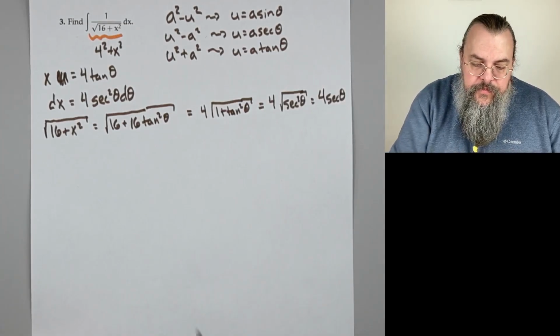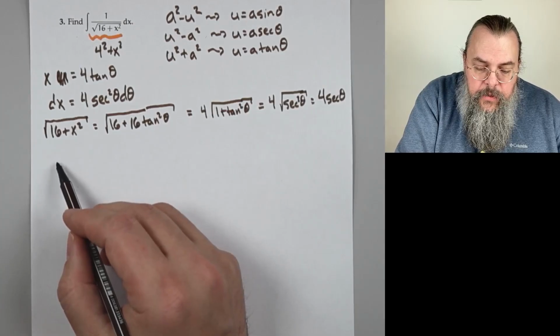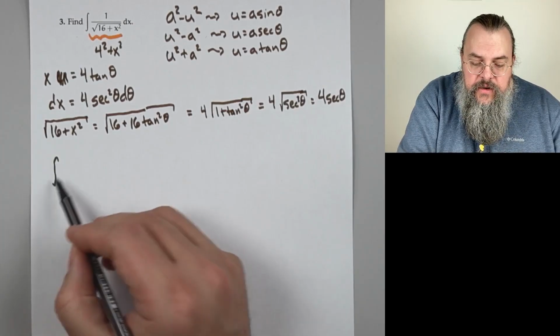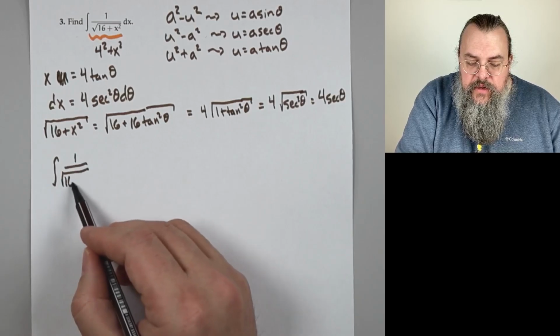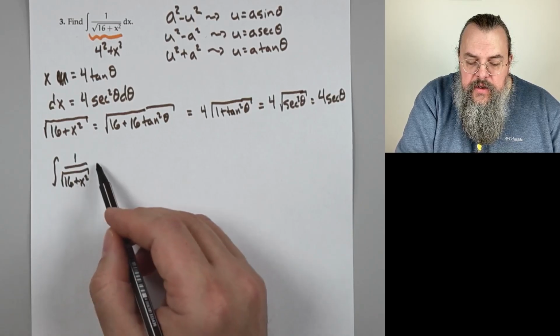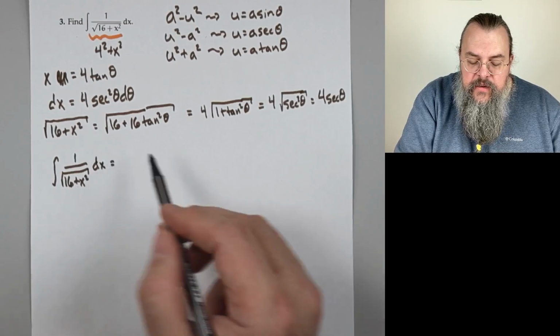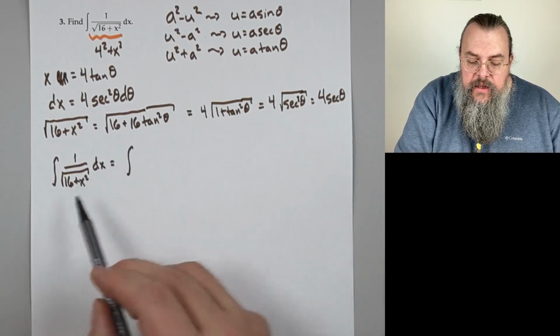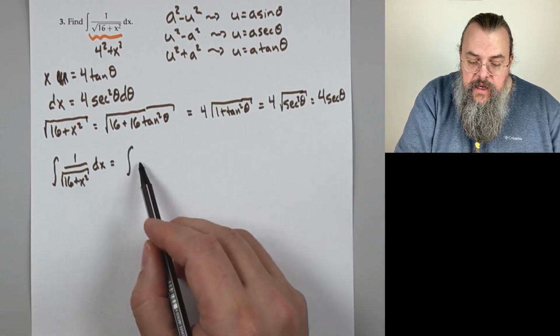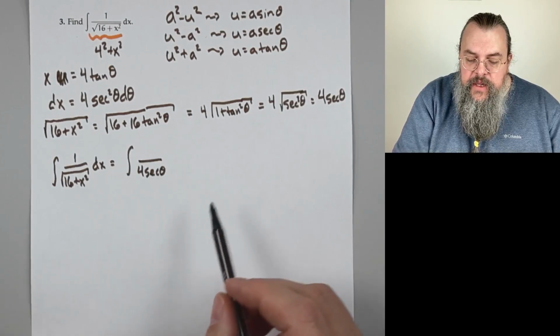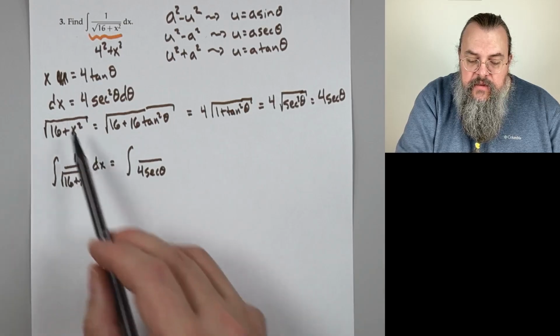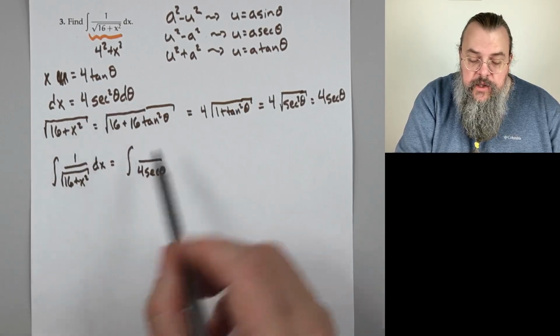Beautiful. Okay, so we now have the integral of 1 over the square root of 16 plus x squared dx is equal to, okay, the square root downstairs, that becomes 4 secant theta. Now, upstairs, the dx becomes 4 secant squared theta.